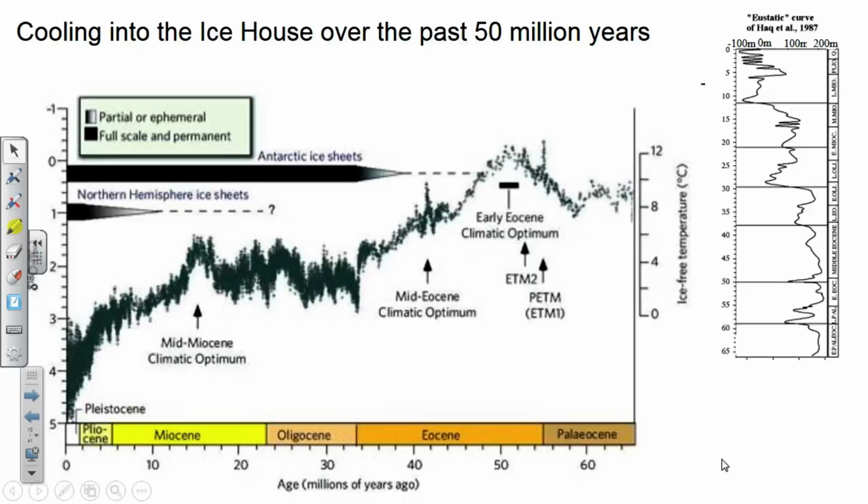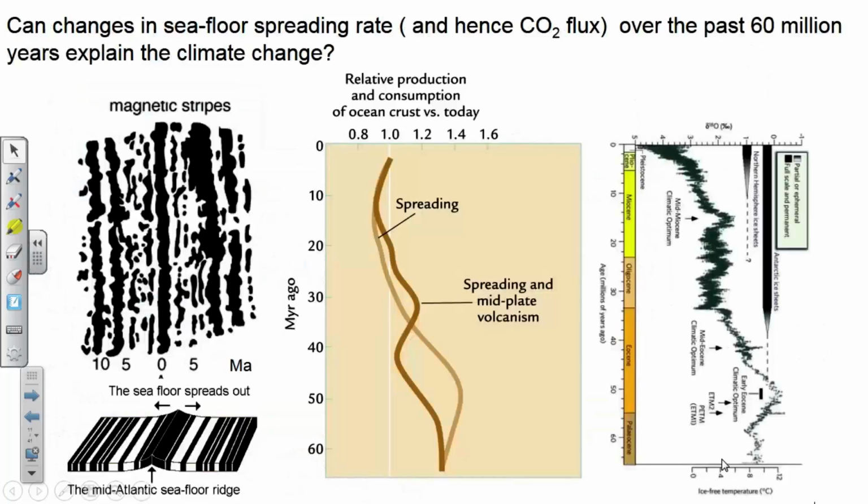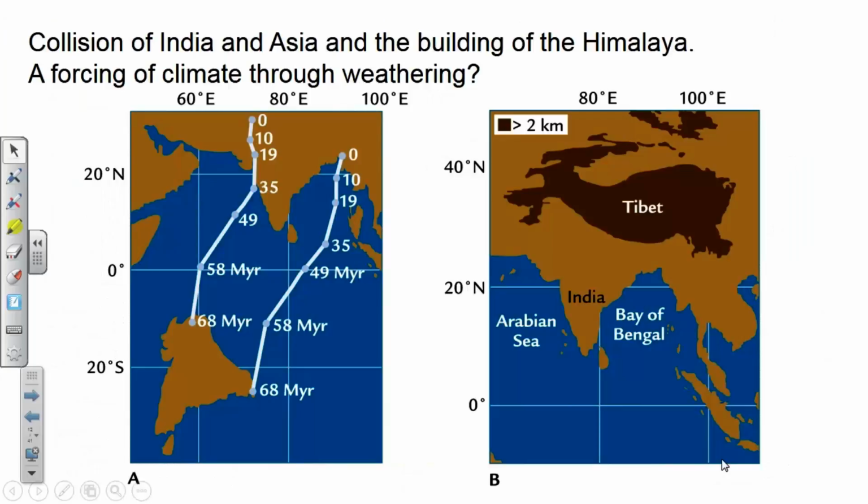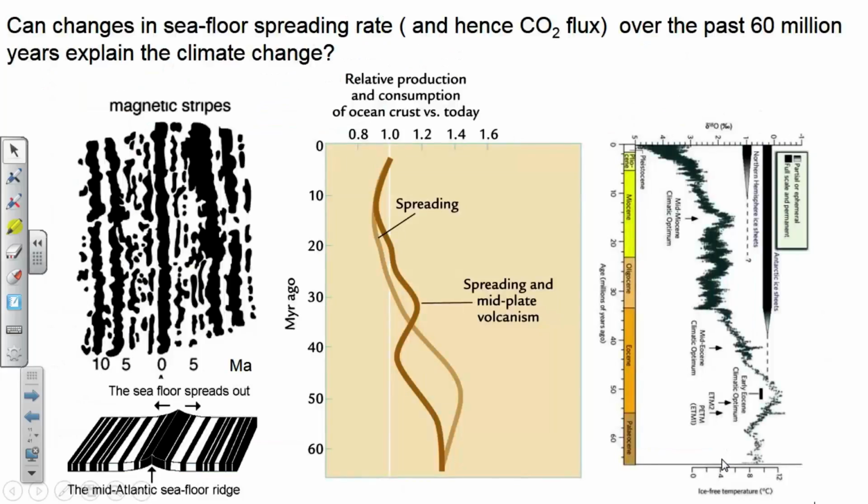This is a less cartoony version of that sea level fall that I showed you at that link. One of the reasons that has been suggested for this is volcanism. We can look at rates of mid-ocean ridge spreading. This is from magnetic stripes on the seafloor, and we can work out how fast they were spreading.